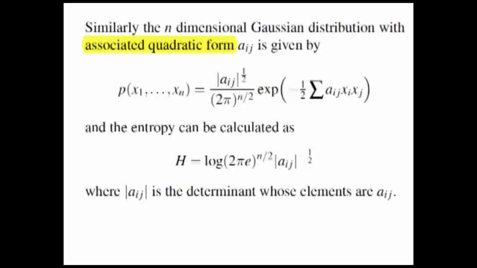So anyway, here comes the differential entropy of the Gaussian distribution. Again, notice that he doesn't call it the covariance matrix, he says the associated quadratic form. He doesn't use matrix notation, as I was telling you before. He uses that notation.